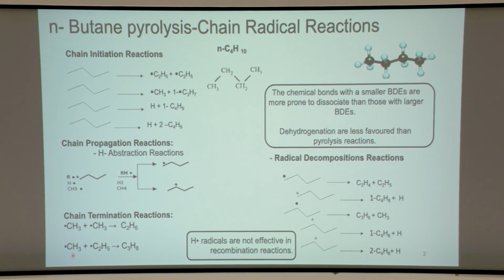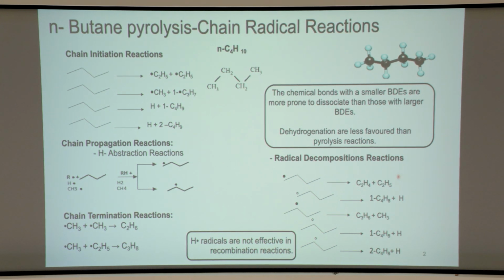And similarly, methyl plus ethyl forms propane. Now you form propane and ethane in your system, and you have to deal with the initiations and propagations of those. And like this, you see quickly how your mechanism can get pretty big. And this is only for pyrolysis. We haven't even added oxygen in yet. Simply the pyrolysis of butane in the absence of oxygen.